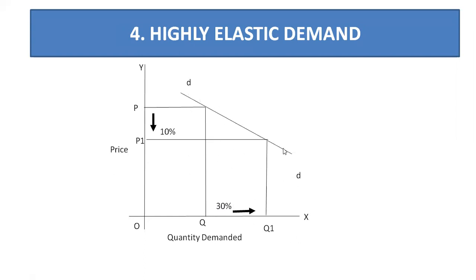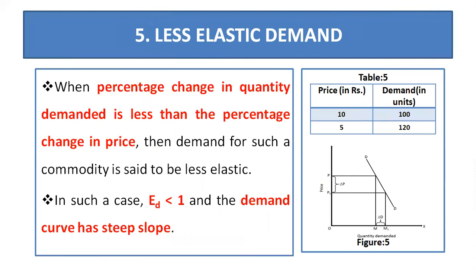Now we'll draw a demand curve which is flatter in nature. This demand curve is a relatively elastic demand curve. Now where does this case apply? It occurs in case of less urgent wants, or if the expenditure on the commodity is large, or if close substitutes are available.